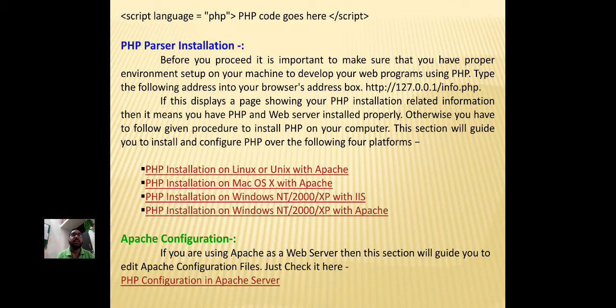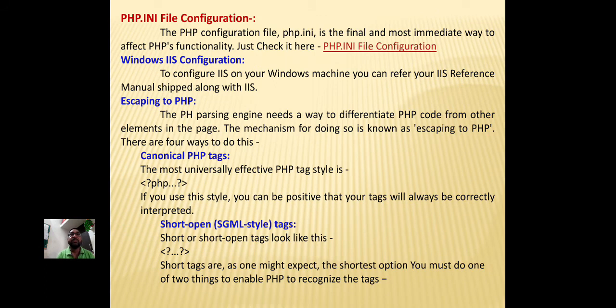This section will guide you to install and configure PHP over the following four platforms. Apache configuration. If you are using Apache as a web server, then this section will guide you to edit the Apache configuration file. Just check it here. php.ini file configuration.